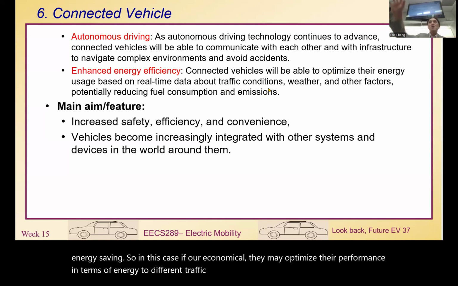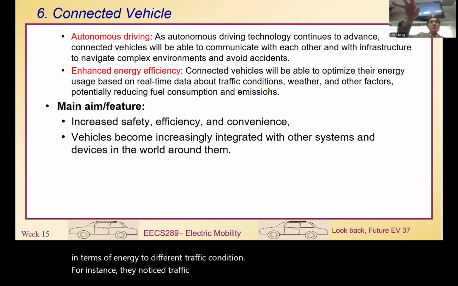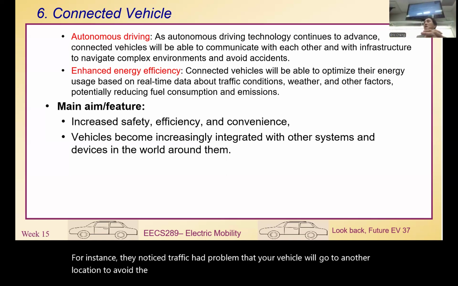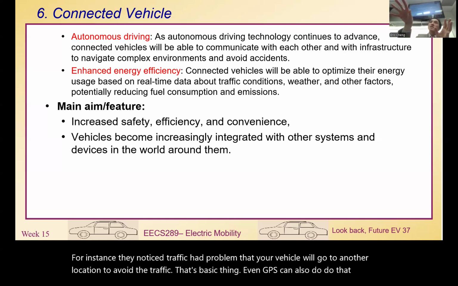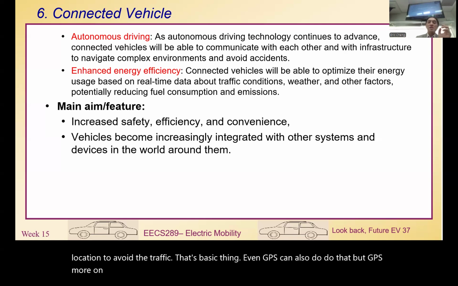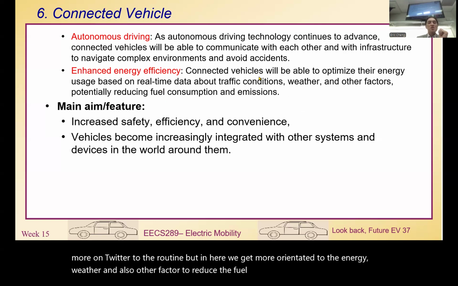For instance, if they know this traffic has a problem, your vehicle will go to another location to avoid the traffic. That's a basic thing. Even GPS can do that, but GPS is more oriented to routing. Here, we can be more oriented to energy, weather, and other factors to reduce fuel consumption. That's what connected vehicles try to do.